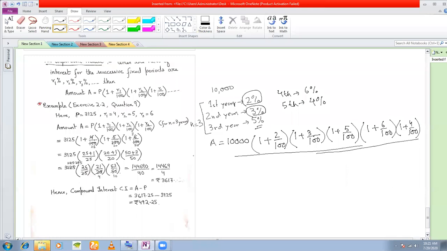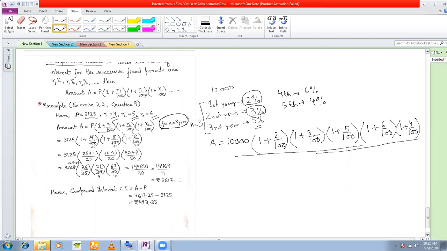Okay. So look at this example. In this example, it is said that a sum is invested at different rates. First year rate is 4%, second year 5%, third year 6%. So in total, we are calculating the amount for 3 years.